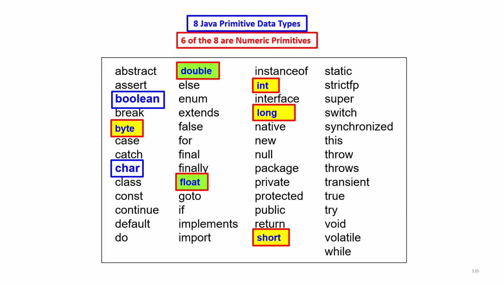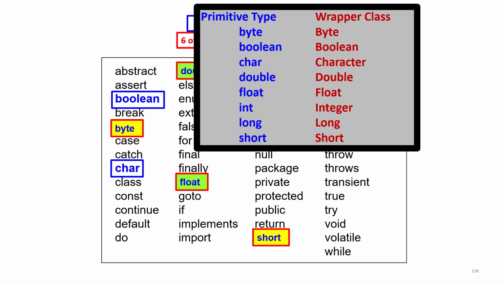Now, this is a common problem for all 8 primitive data types, and Java's solution is to wrap the primitive in a class with the same or very similar name. Here are the 8 primitives in blue with their equivalent wrapper class names in red.